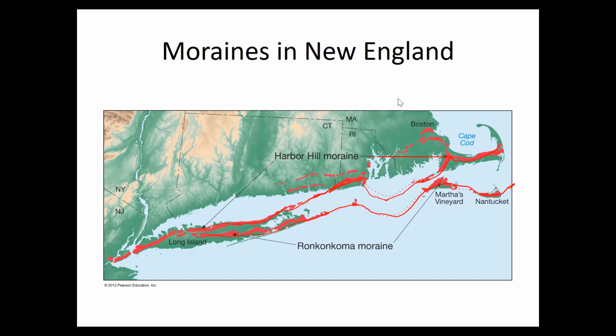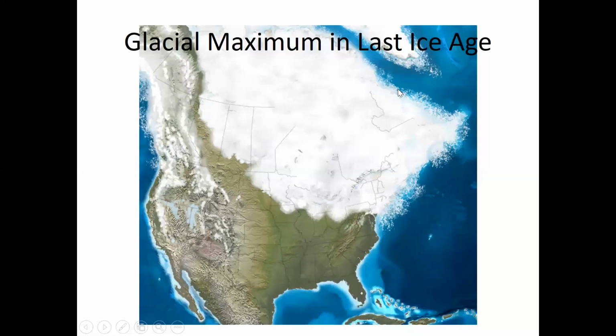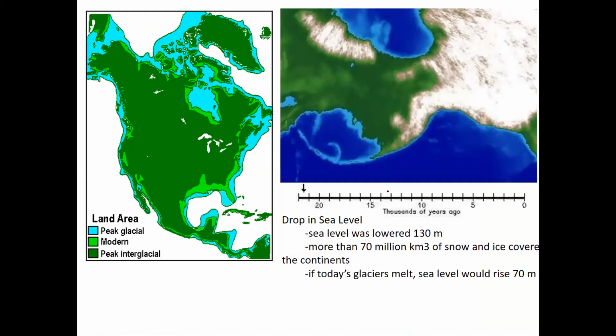So all these features form from these moraines, and then they've been shaped by marine processes like waves adding more sediment onto them, forming these features like the islands and the Cape. So you can see that's right about where the maximal advance of the Laurentide ice sheet was. Right, so it's southern New England, right on the coast, and Long Island of New York.